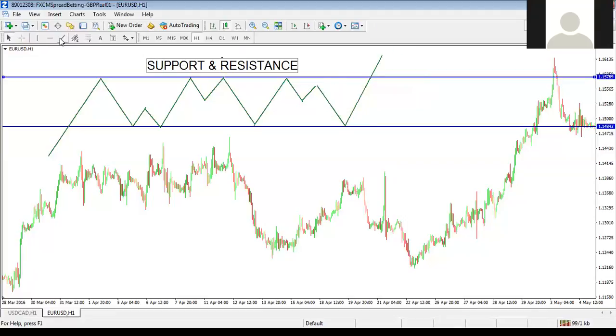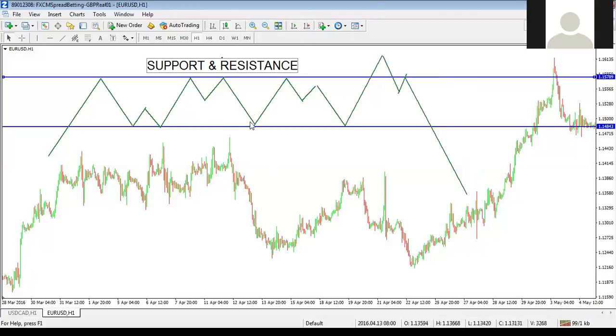So what they'll do is break out, come back down, maybe come back up, and then break out to the downside. That can happen. It's not always. It's something you've always got to be aware of.